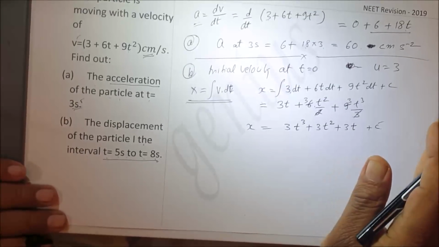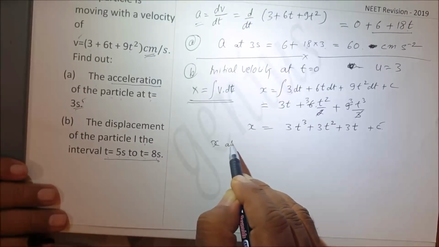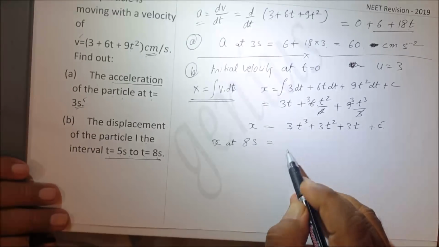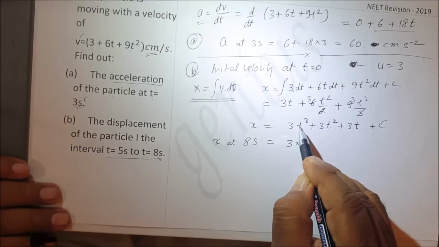Let it be there. So x at 8 seconds is equal to 3 into 8 into 8 into 8.